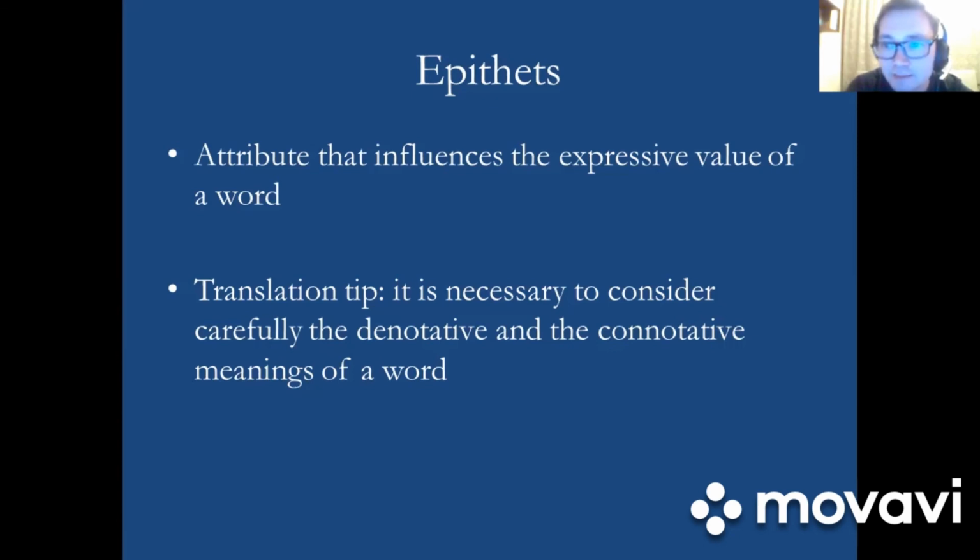Denotative meaning is the actual or primary meaning of the word, the main meaning of a word. And connotative meaning is a supplementary, additional meaning of a word. It can express coloring. It can express some stylistic value of the word or figurative meaning.